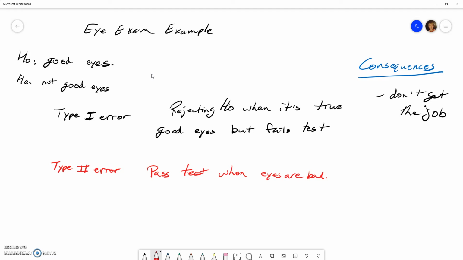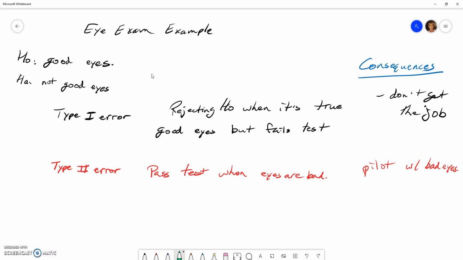The consequence for a type 2 error is basically you get someone who gets a job to be the pilot with really bad eyes. So a pilot with bad eyes, maybe legally blind, is actually flying the airplane. The big question is, which type of error do you want really controlled?